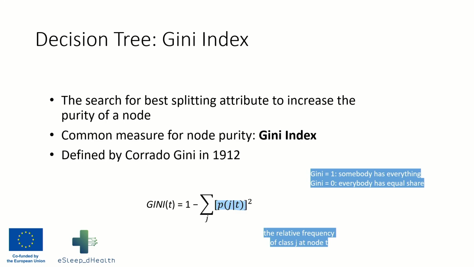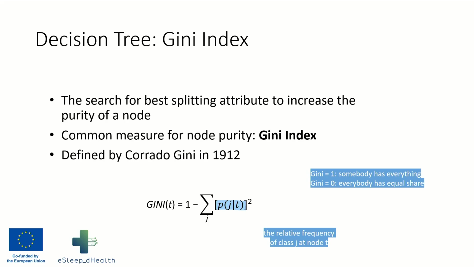And back in the days, he was looking at the distribution of wealth across the country. So a Gini index of 1 would mean that one person in the country owns everything. And a Gini index of 0 would mean that every person in the country has an equal share of the wealth.